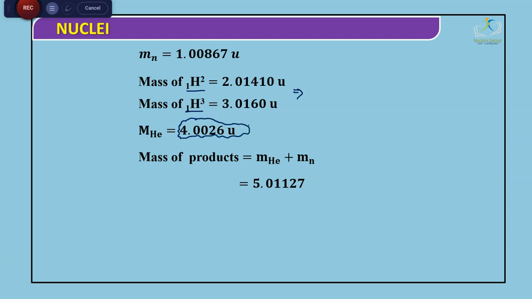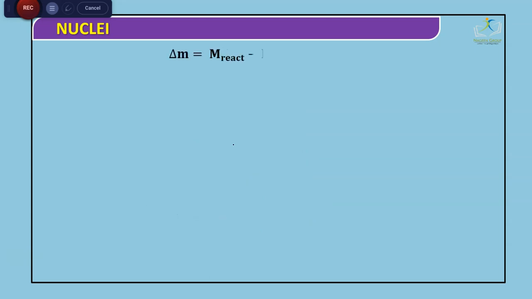If we take the difference of these two masses, we get the value of delta M. Because to find the energy we need delta M, which is the mass defect. So the mass of the reactants, 1H2 plus 1H3, gives 5.03010.